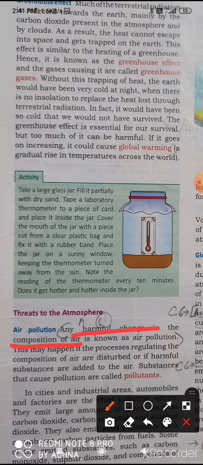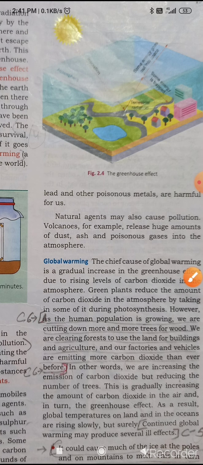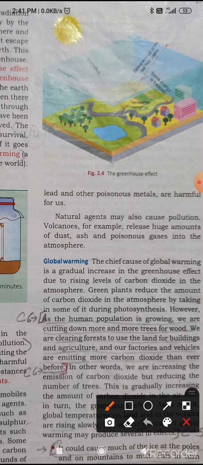In cities and industrial areas there are factories and automobiles, because of which we are producing a lot of air pollution. If we talk about the natural agent, there are volcanoes, which release a huge amount of dust, ash and poisonous gases into the atmosphere. Because of that the air gets polluted.